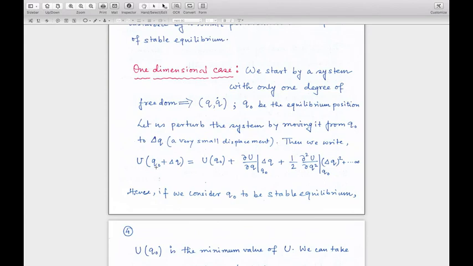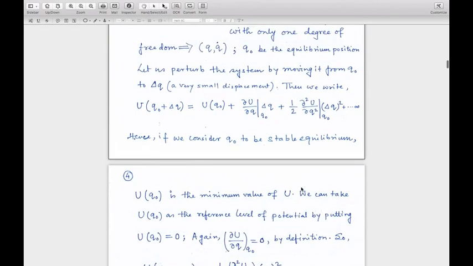Then we write by Taylor expansion U of q0 plus delta q is equal to U of q0 plus ∂U/∂q evaluated at q0 times delta q plus half ∂²U/∂q² again evaluated at q0 times delta q squared. Okay. So delta q is nothing but the instantaneous q minus q0. Okay.